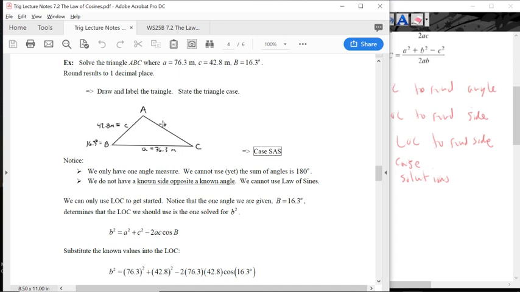So then we can proceed with the law of sines to find either angle A or angle C, whichever one we choose to go for next. After we then find another angle, we would have two angle measures known, so then we can just use the fact that the sum of the angles is 180 degrees in order to find the third angle. So that's the approach we're going to take.